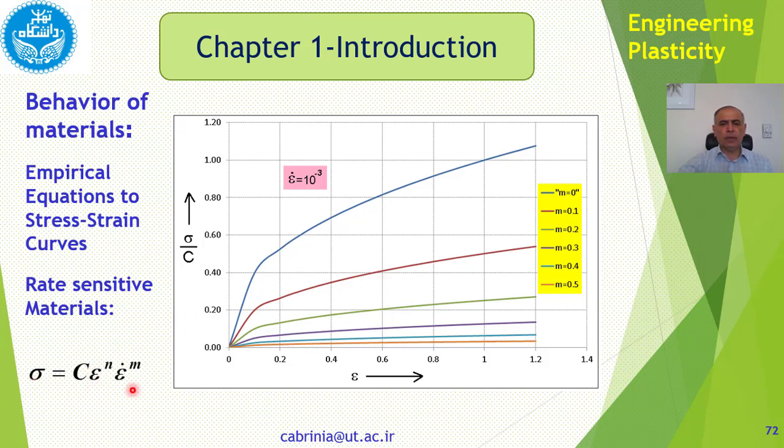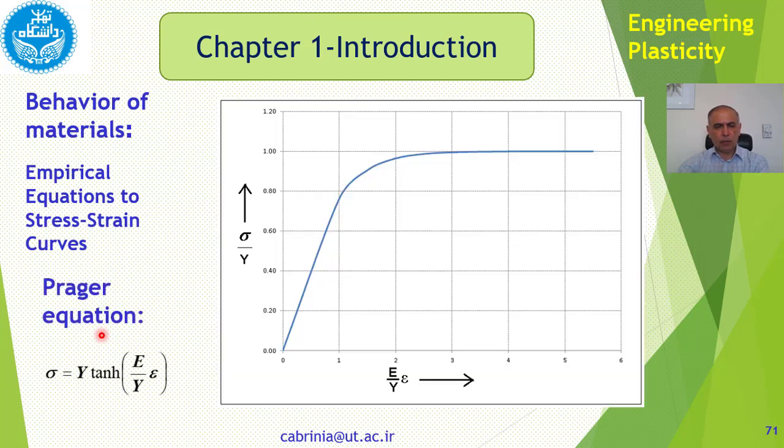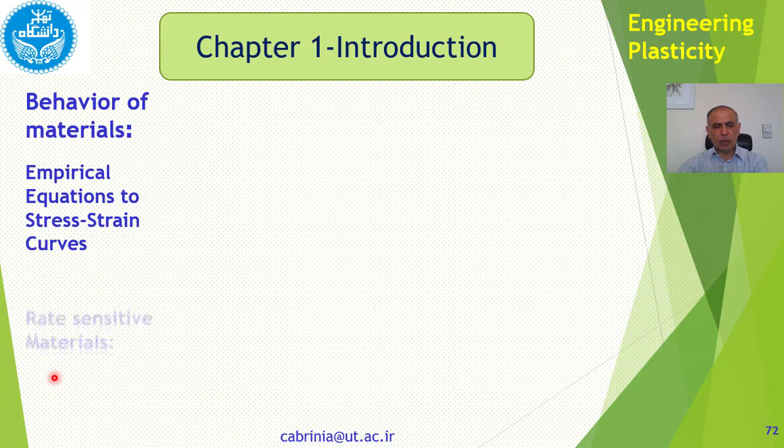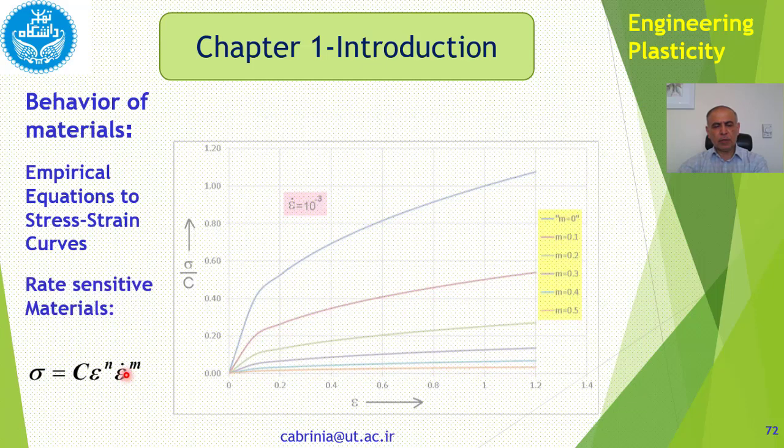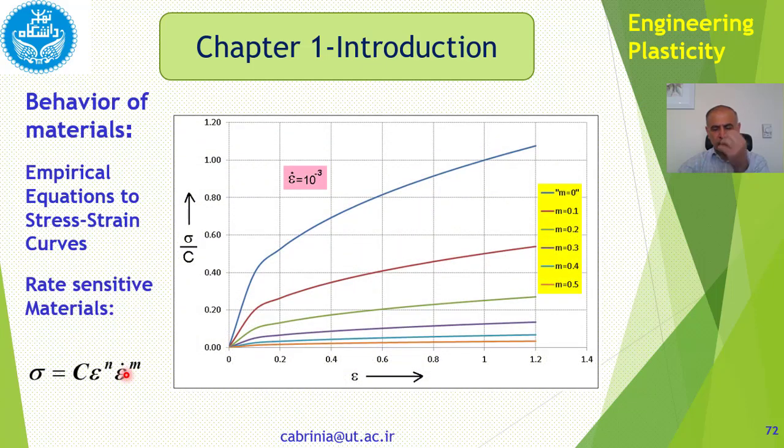Okay, now for sensitive materials we use this equation. In fact, in previous equations, if you noticed, we just have epsilon and sigma, but here we have added epsilon dot as well to define the material more precisely.